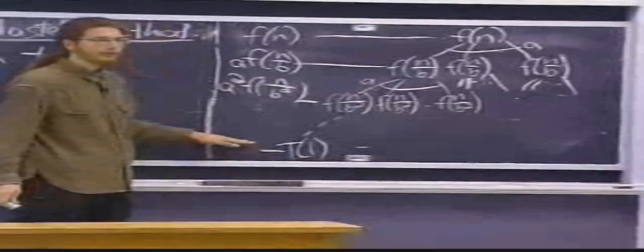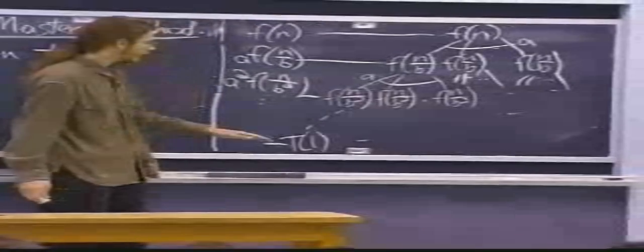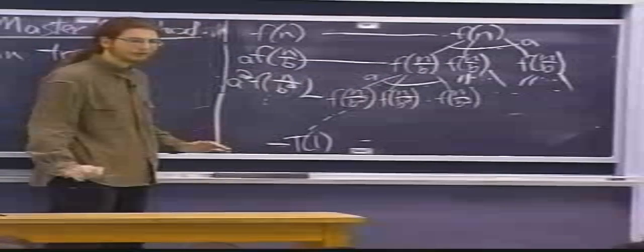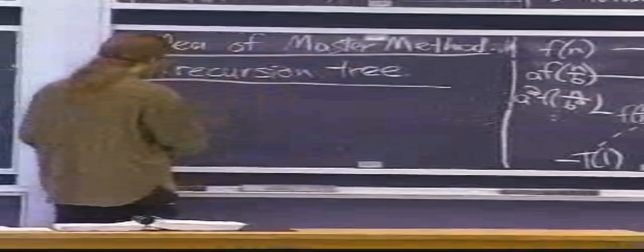One essential thing is what happens at the bottom. The bottom will turn out to be an important level. So we're going to count how many leaves there are. And let's make a little diversion. If you have a tree of height h, let's say initially you have a tree of height 1, and the branching factor is a.